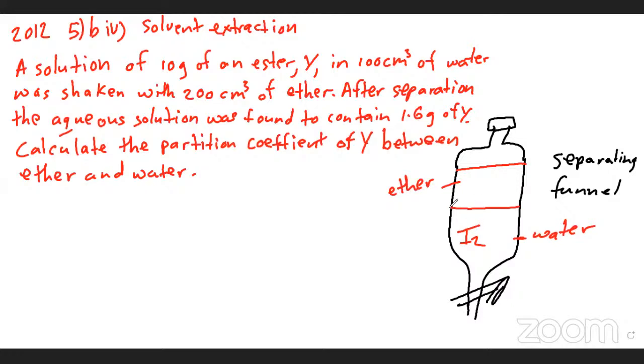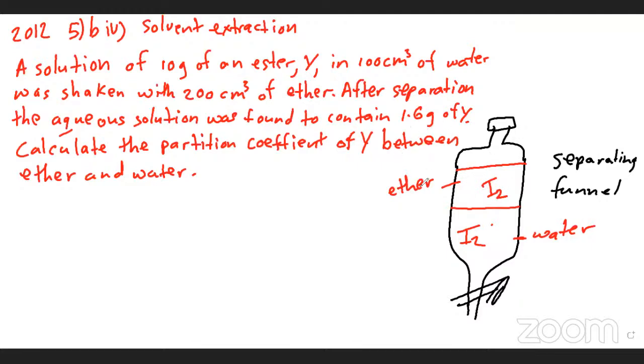You have the two solvents, you shake it up, and you will see which of these two layers the iodine is more soluble in. So if iodine is soluble in ether, it will move up to this layer. Not all of it, but most of it.